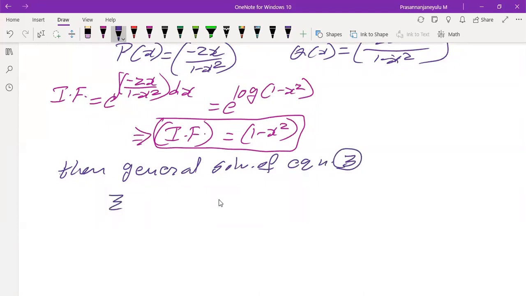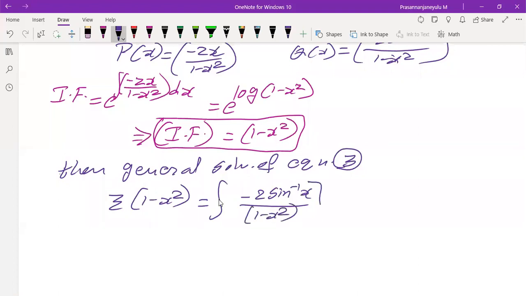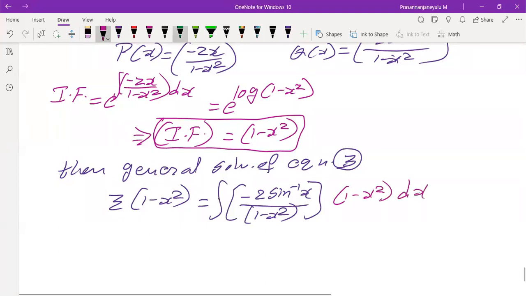So z into IF, 1 minus x square, is equal to the integration of q of x, minus 2 into sine inverse x by 1 minus x square, into IF, 1 minus x square, into dx. Here, the 1 minus x square terms get cancelled. So finally, what will we get?